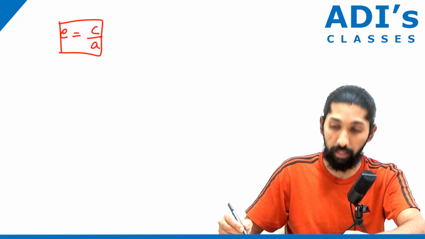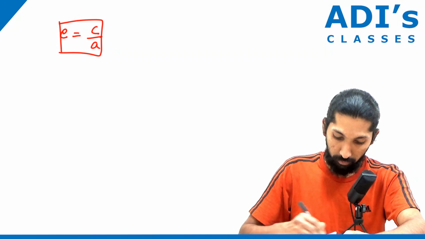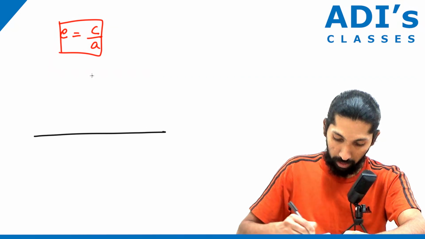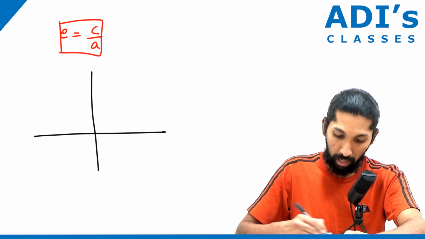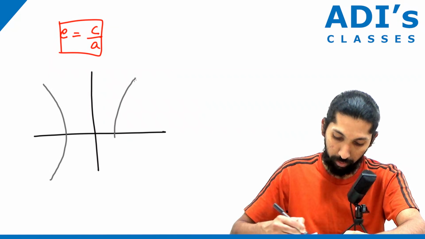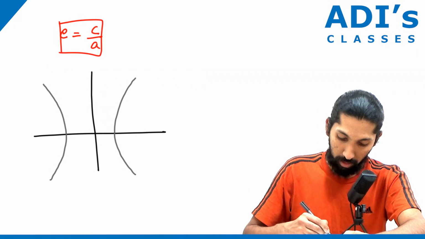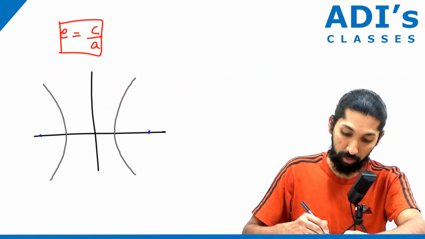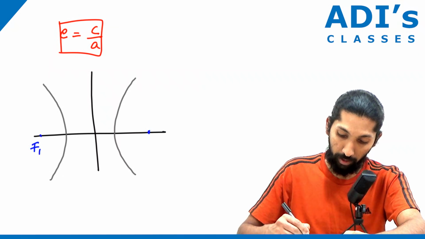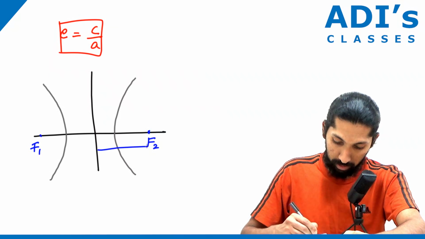Now, what is c, what is a? You have the x-axis and the y-axis, and you have one hyperbola which is going to be like this, correct? In this, there are two fixed points, which we call the foci, F1 and F2.